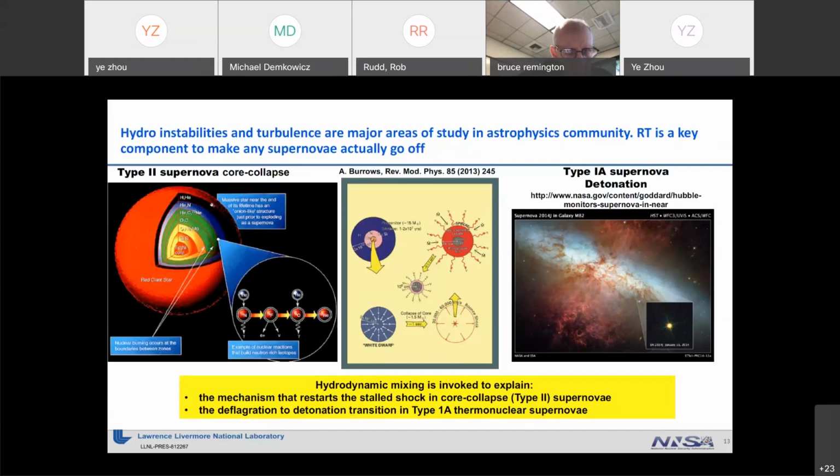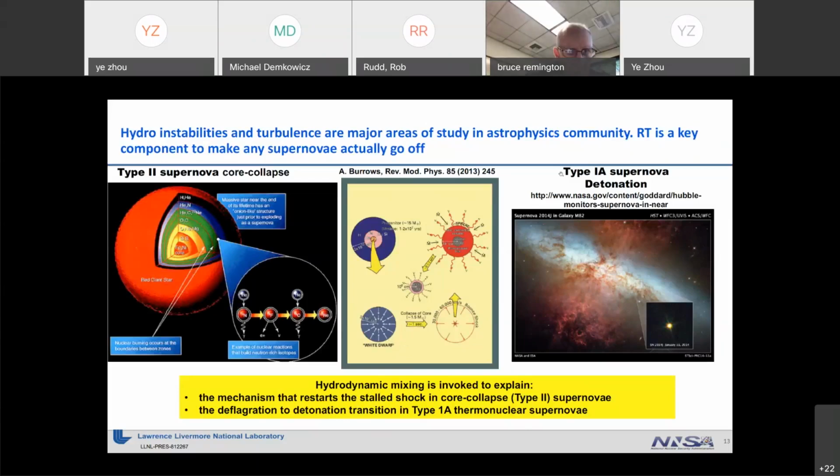Just before they collapse, you can see they form an onion-type structure, with different layers of materials, obviously with different densities. When you have the core collapse, this is basically the sequence of events. I don't have time to go into the details, except to point out that turbulent mixing is a key process to restart the stalled shock in this core-collapse process in order for the supernova to go off.